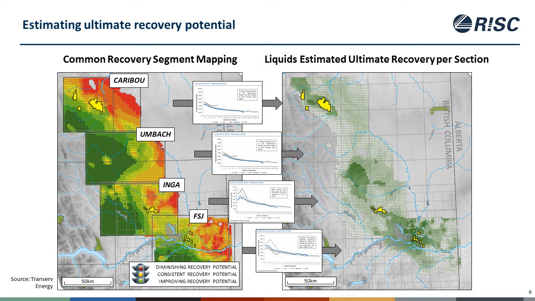We can take those principles and go to the other end member of sweet spot mapping, in areas where we have rich datasets of unconventional well data and production. This is an example from the Montney play in Canada, where an extensive digital well database of over 1,800 wells was used to identify sweet spots of production in the play and then quantify the resource by calibration to known production, using an approach we call common recovery segment mapping.